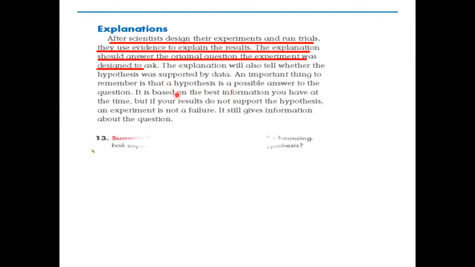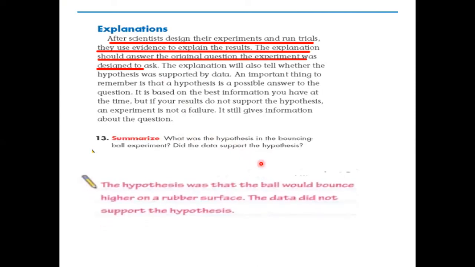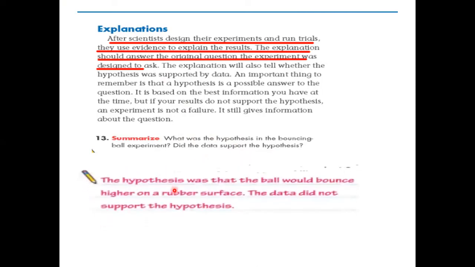Now here we have question number 13. What was the hypothesis in the bouncing ball experiment? Did the data support the hypothesis? Can anyone answer this question? The hypothesis was that the ball would bounce higher on a rubber surface, but the data did not support the hypothesis.